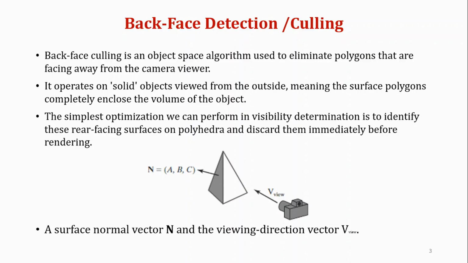Okay, so let's start with back-face reduction, or culling. Back-face reduction is one of the simplest and fastest visibility algorithms. It belongs to the category of object space methods, so it treats the entire object as one entity. The basic idea is straightforward. When viewing a solid object from outside, some polygons face towards the viewer while the others face away.